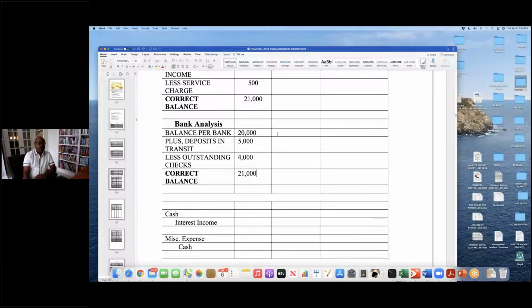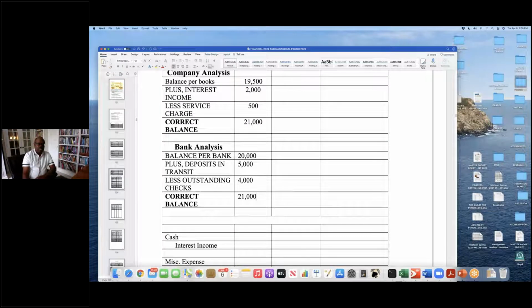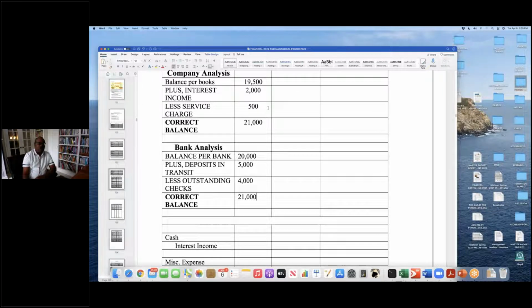Now, when we do the company analysis, we have journal entries we got to make. We've earned interest income of $2,000. So we have to make this journal entry: debit cash, 2,000, credit interest income, 2,000, because we don't have that recorded.